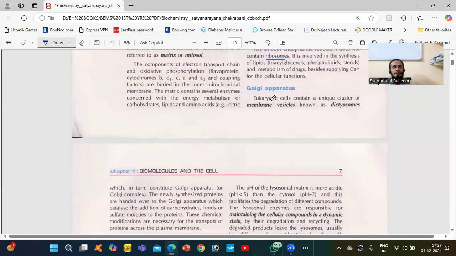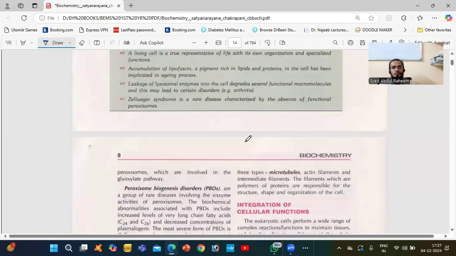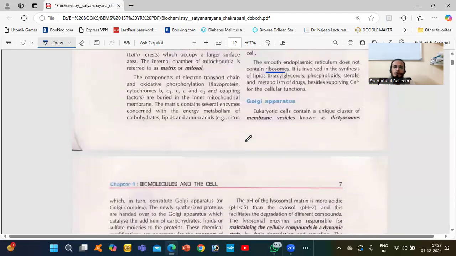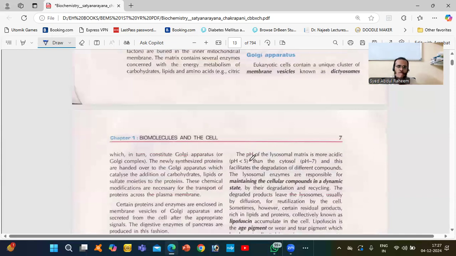Next is Golgi apparatus. So Golgi apparatus is also an organelle. What does Golgi apparatus do? Basically, whatever newly synthesized proteins are coming from the ER are handed over to the Golgi apparatus. What will it do?